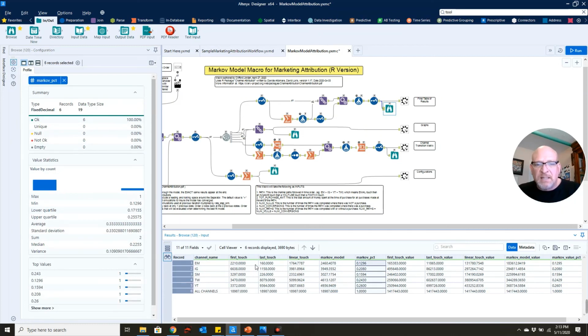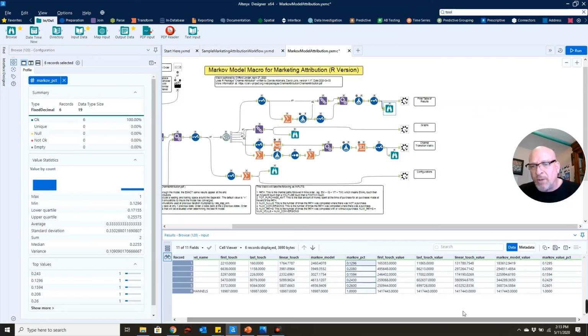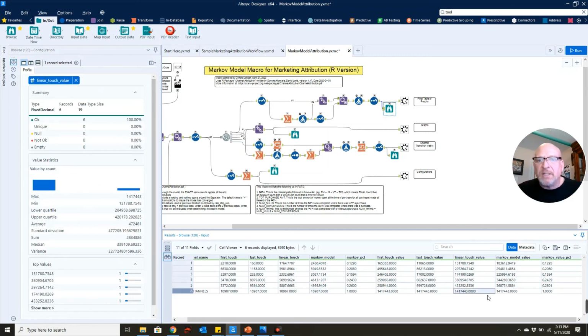Now this does break out all the conversions according to the different channels, but over here to the right, it breaks out the total value of those conversions according to the channels. So those 18,987 conversions led to $1.4 million in video game sales. This is how it breaks out across all of those channels.